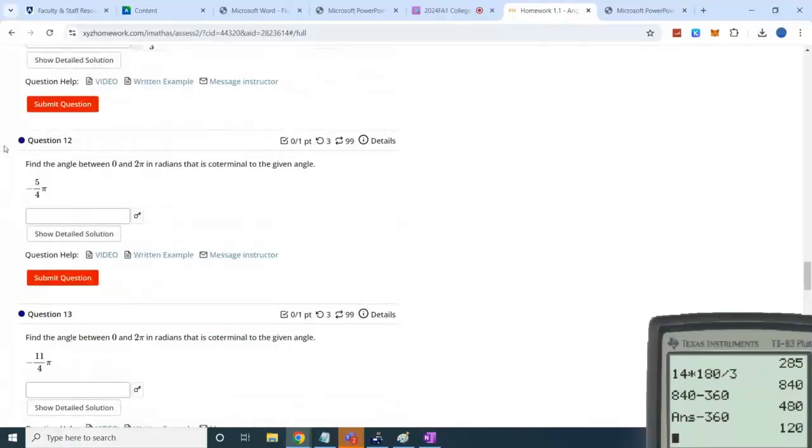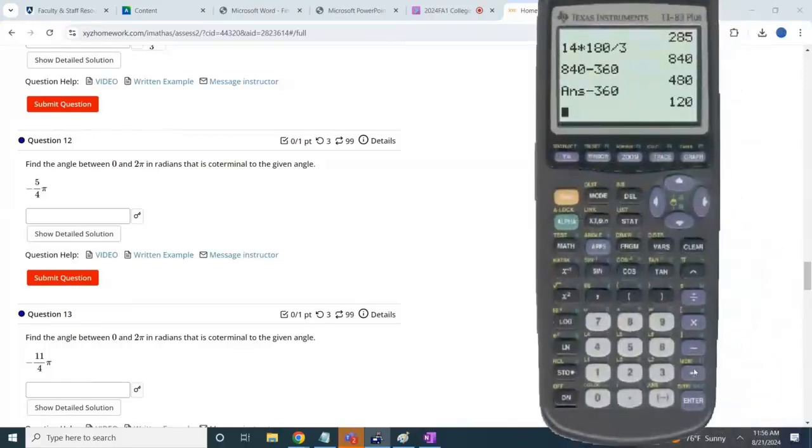All right. Number 12. It says find an angle between 0 and 2 pi in radians that has a coterminal angle of -5 pi over 4. So I could pretty much do the same thing, right? I could change -5 pi over 4 to a degree measure.